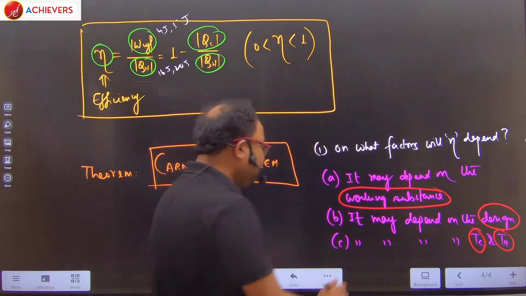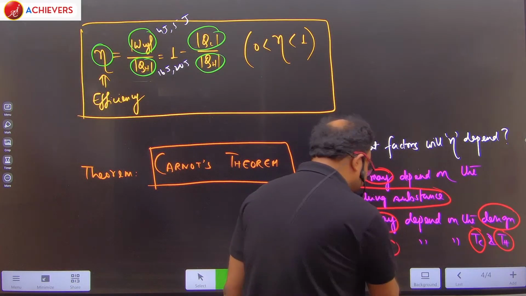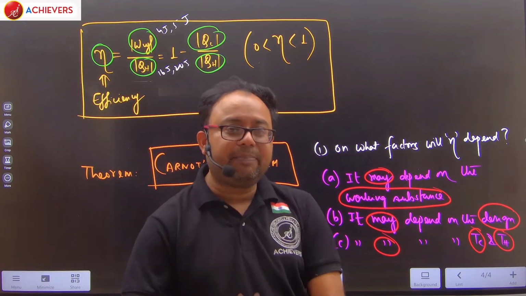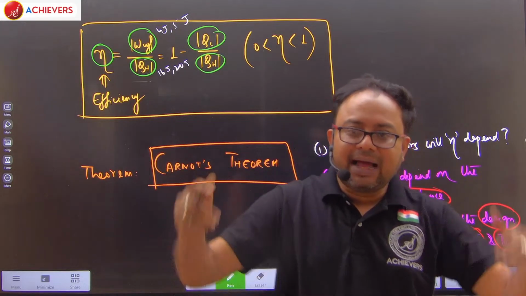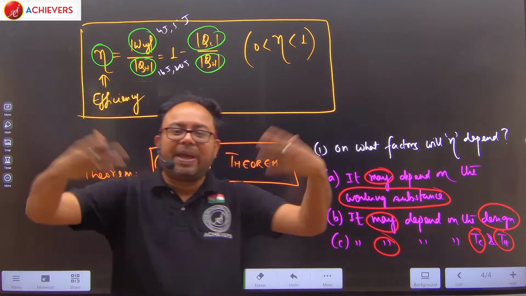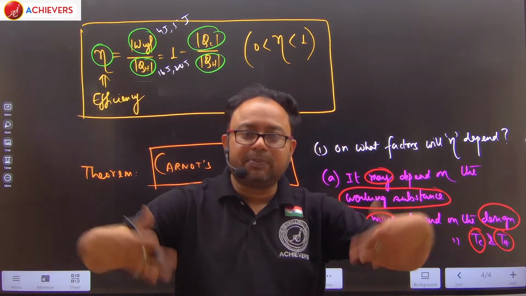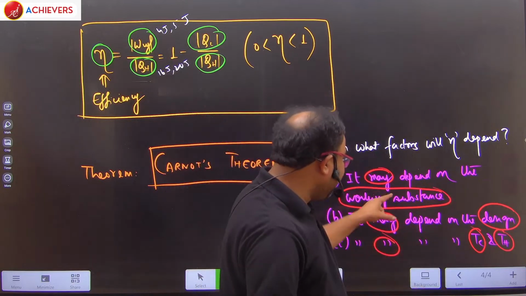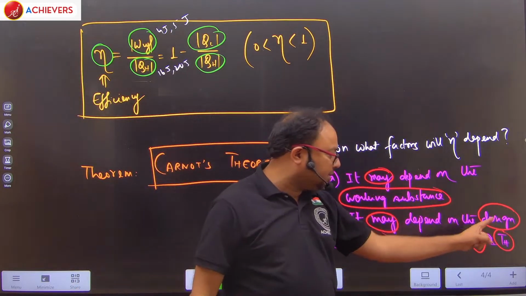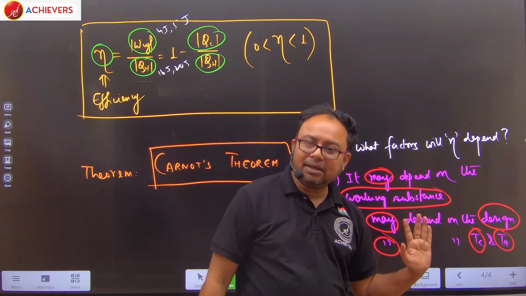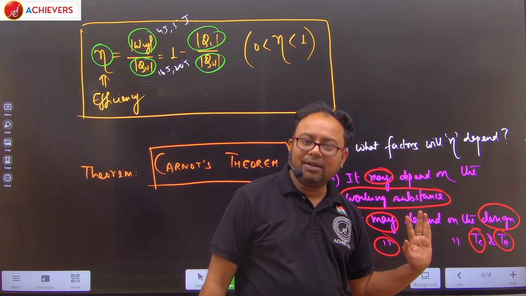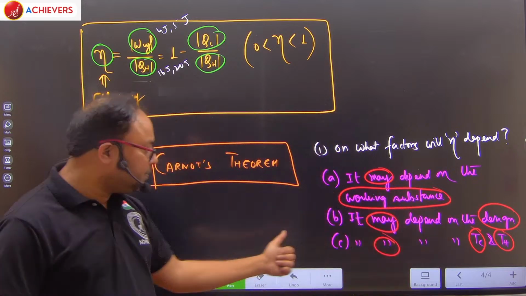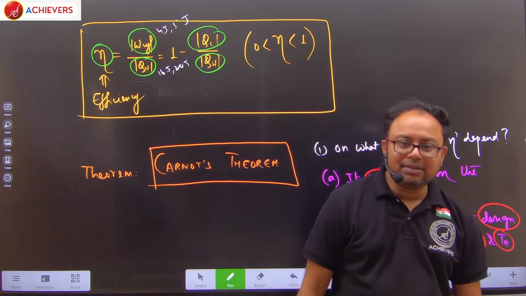But mind it, I have told it may depend. I am not sanguine about whether it actually depends on these three parameters or not. I am just creating some speculations. I am quite skeptical about the fact that eta can depend on working substance, design, and TC and TH.